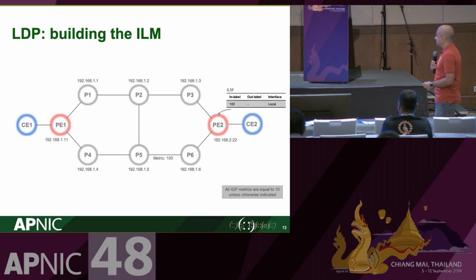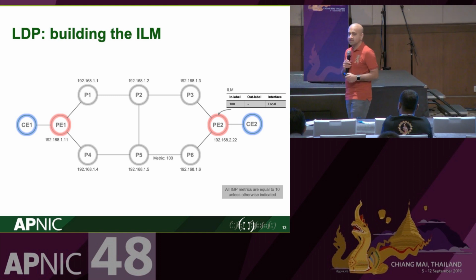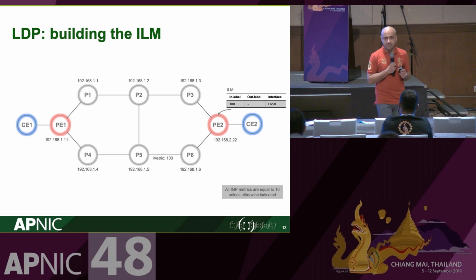Okay. So what happens here is this. PE2 assigns a label for its loopback. Now, in a straight IP network, you would use the loopback to get to PE2, 192.168.2.22. In MPLS, we're using the label. So what PE2 does is it allocates a label from its label space, a label of 100.